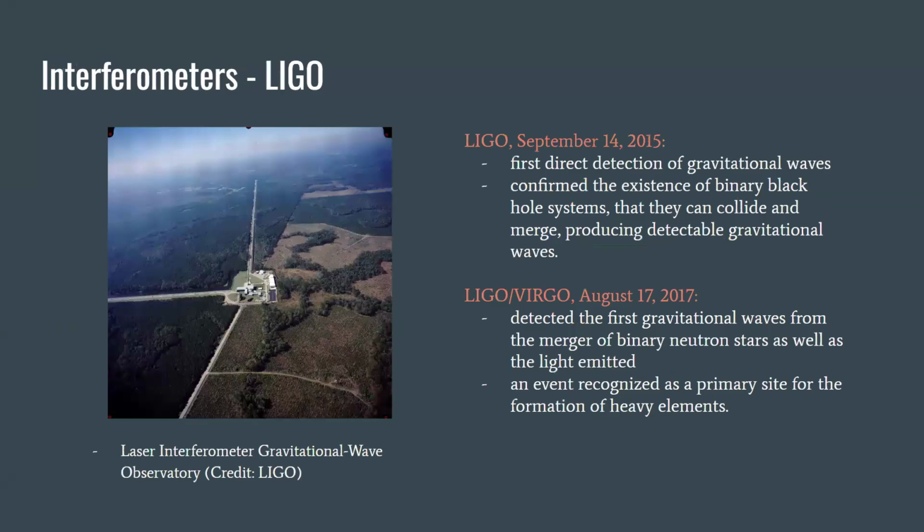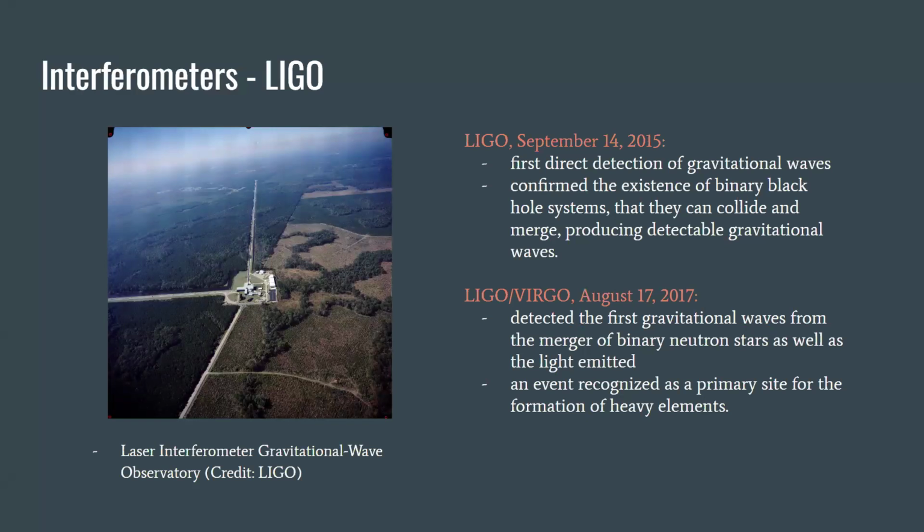To detect these effects, we use interferometers. And the biggest example is LIGO, the Laser Interferometer Gravitational-Wave Observatory. It is built of mainly 4-kilometer long arms with mirrors at the end. And these mirrors are what detect the change when a gravitational wave is passing through Earth.